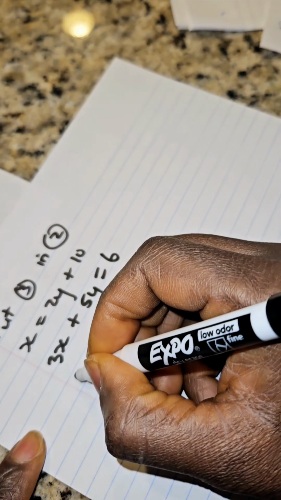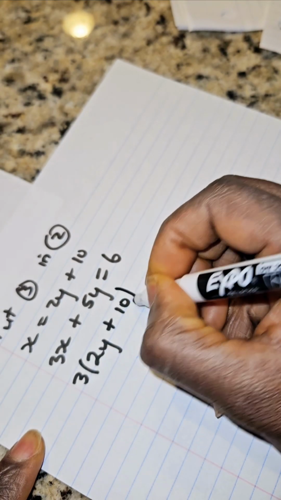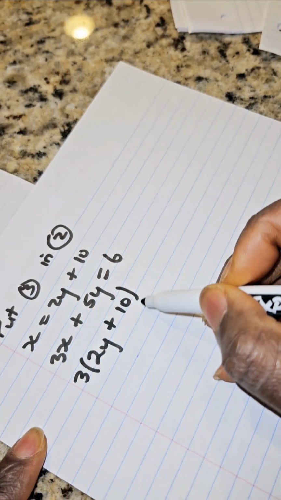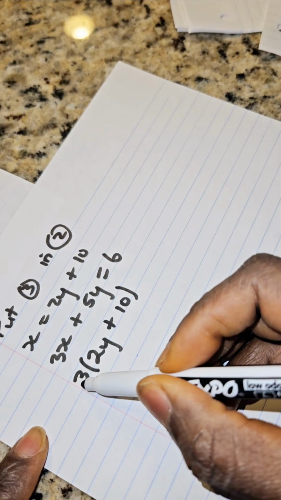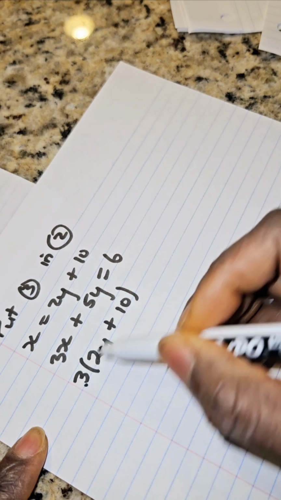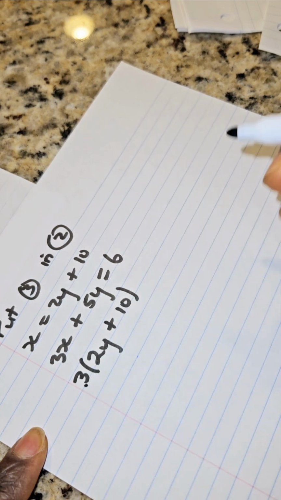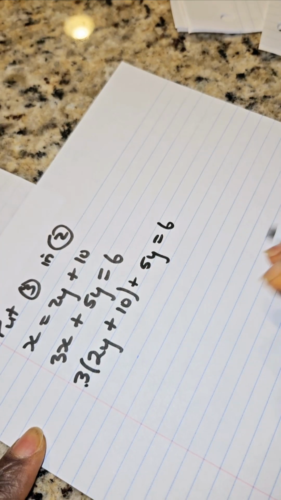There's only one place anyway. 2y plus 10. Remember, I always put the parentheses because this value here needs to distribute. It has to multiply all of these values. So plus 5y equals 6.